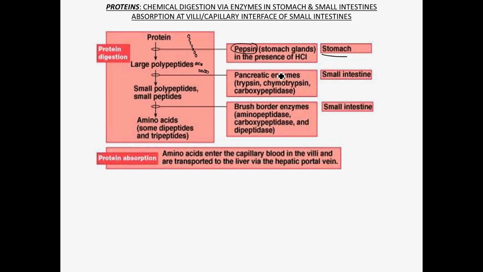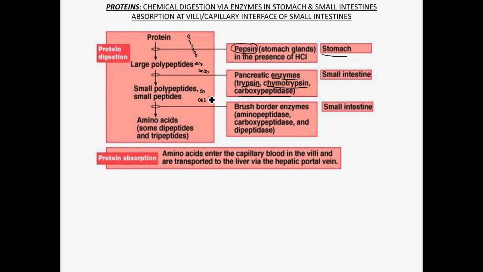And then we have a whole slew of enzymes released by the pancreas. Trypsin is one, chymotrypsin is one, carboxypeptidase is one. These are all going to be breaking down those polypeptides into progressively smaller and smaller chunks.